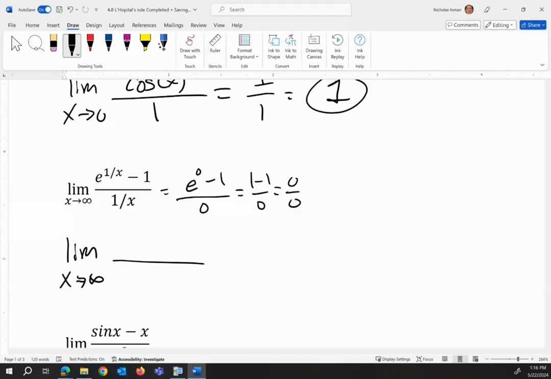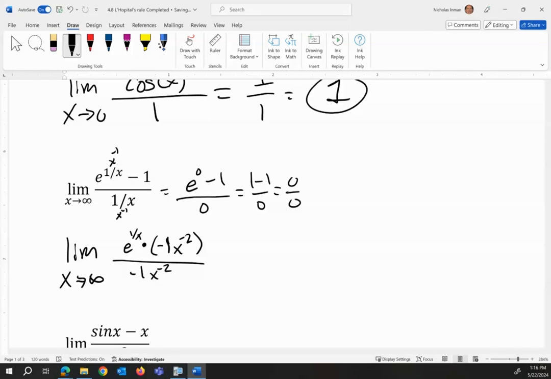All right, so the derivative of the top. The derivative of e to the 1 over x is e to the 1 over x times the derivative of the exponent, the chain rule here. The derivative of 1 over x, that's like x to the negative first power, so that would be what? Negative 1 x to the negative 2. Derivative of the bottom, that's also x to the negative 1, so that's negative 1 x to the negative 2.